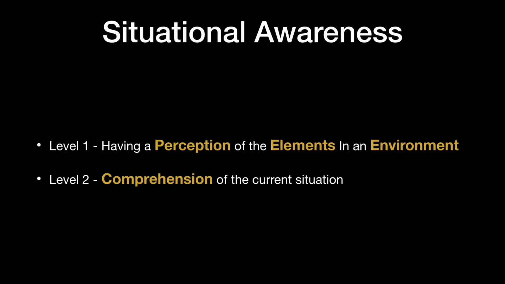So now, according to Endsley, level two is having a comprehension of the current situation. So let's break it down again. Going back to Webster's dictionary, comprehension is defined as the action or the capability of understanding something.